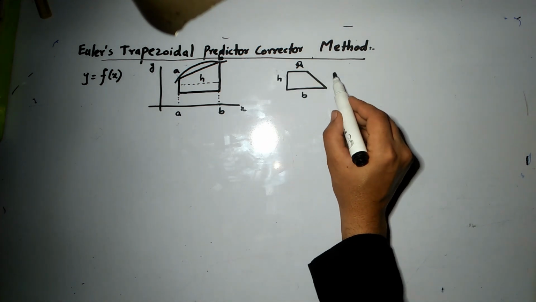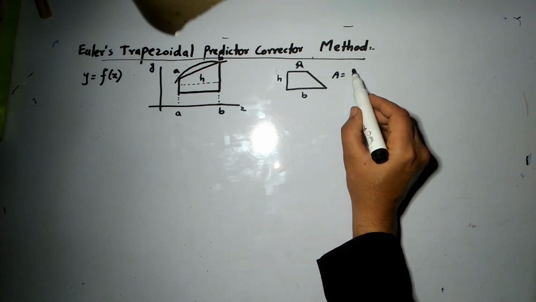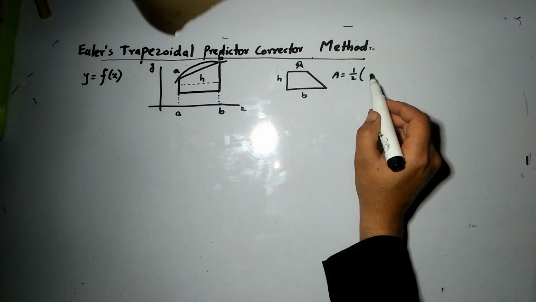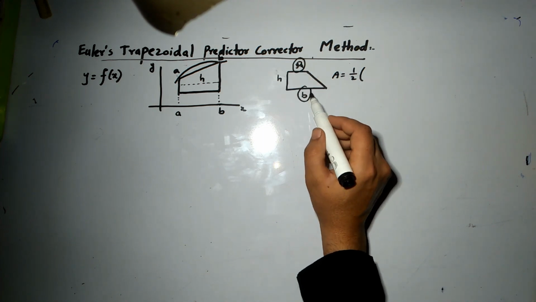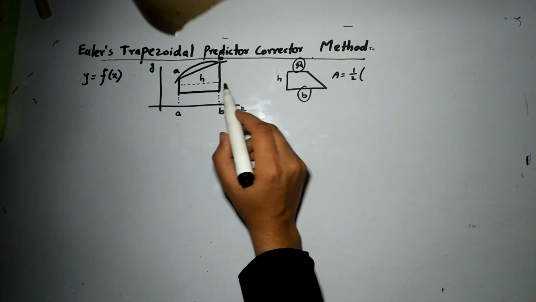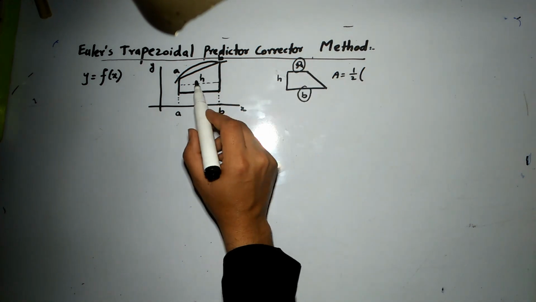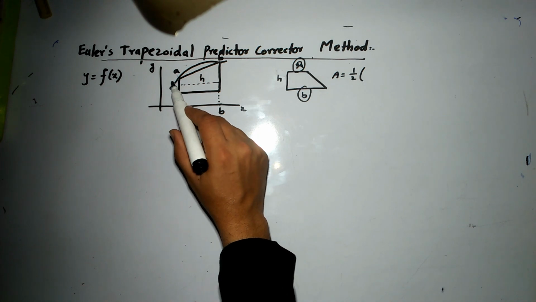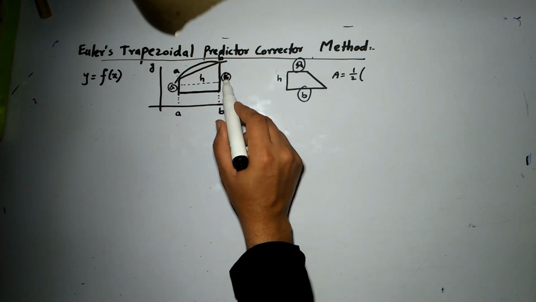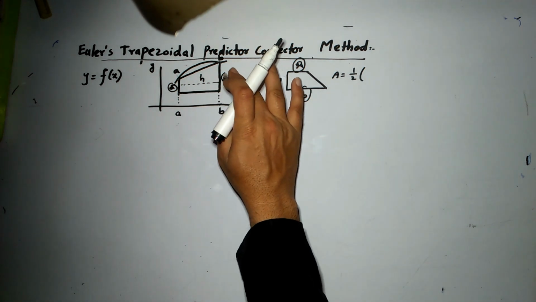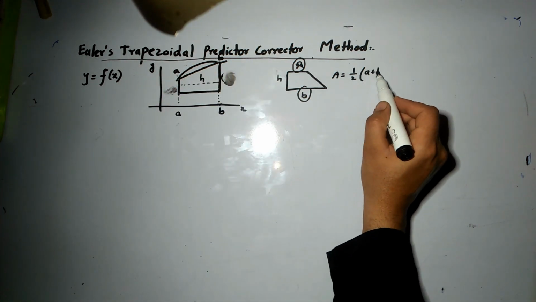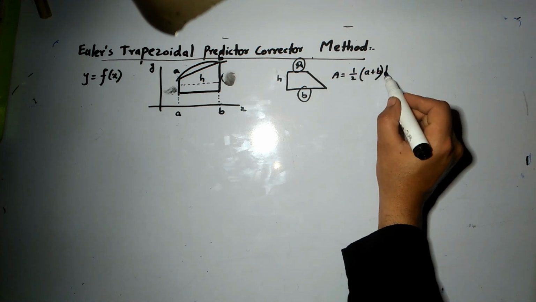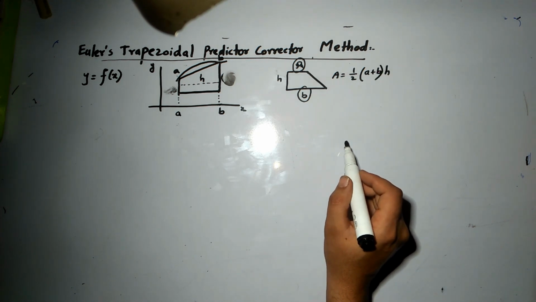we know that the area of a trapezium is equal to 1 by 2 times the sum of the parallel sides. These are the parallel sides A and B. In this diagram, this is side A and this is side B, so the formula for this trapezium will be 1 by 2 times A plus B multiplied by h.